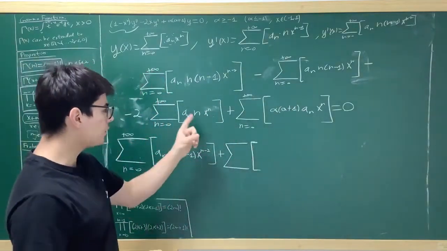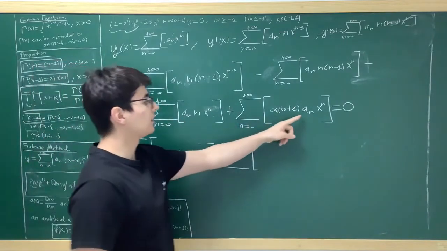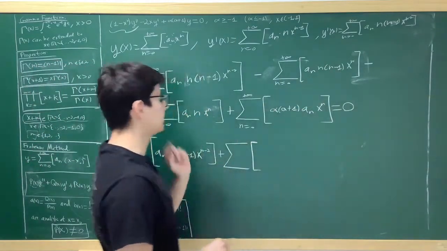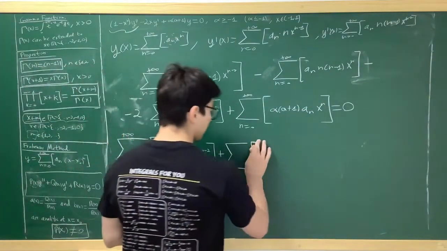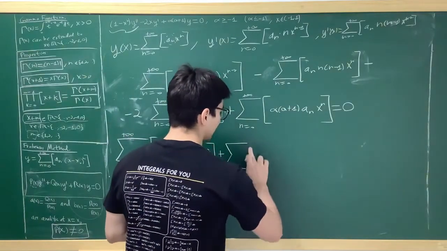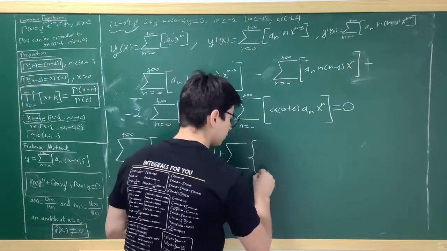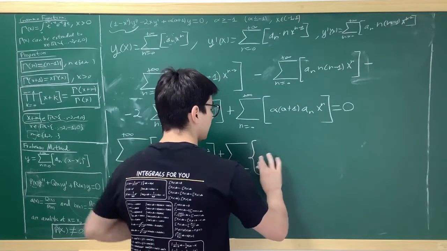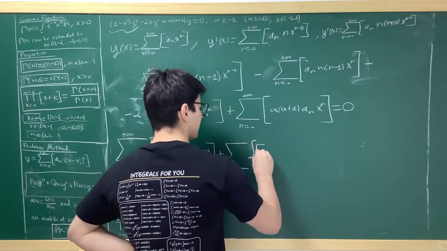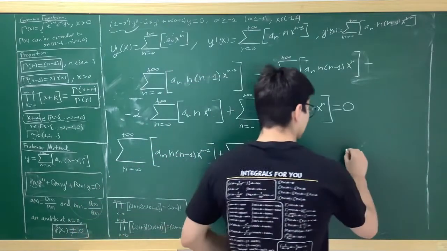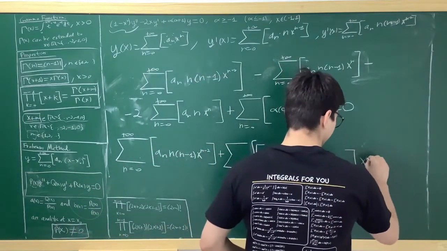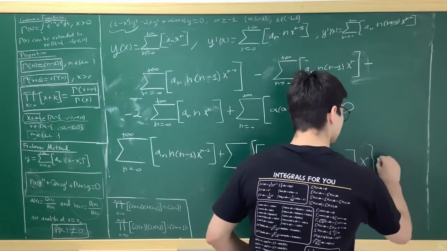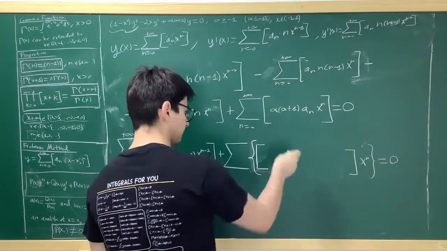Just notice that all of them have a_n and x^n, so we can actually just take all of that out. So I am going to write this big bracket here and say x^n goes outside, and this is equal to 0.